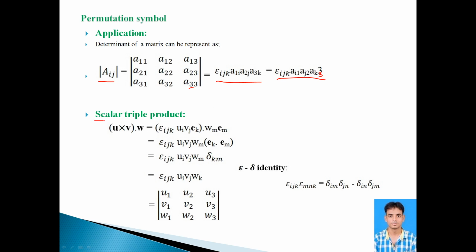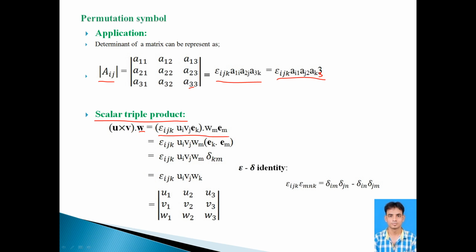Now if you perform the scalar triple product, that means you have 3 vectors u, v and w. If you take the cross product of u and v and then perform the scalar product with w, it gives the result.